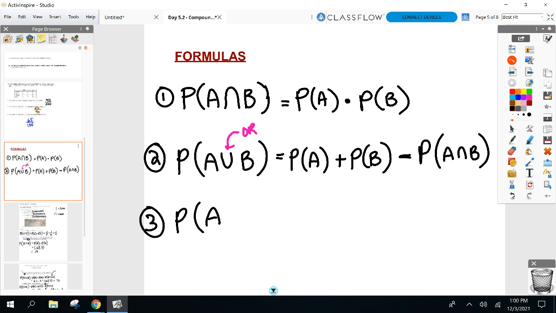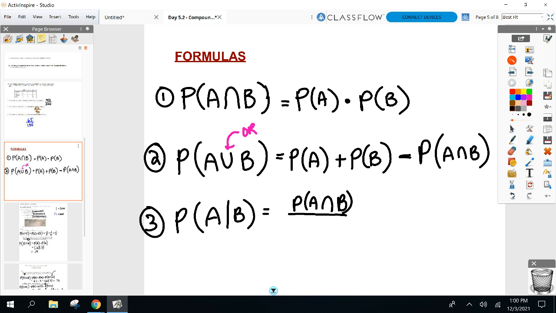Probability of A given B. How am I going to find this? It's a fraction. On top, the numerator, goes the probability of A and B. You guys know how to find that, right?